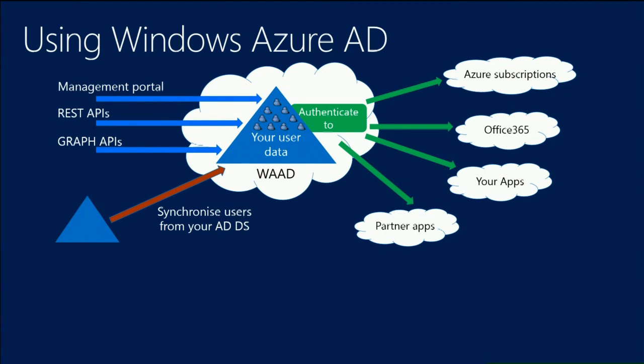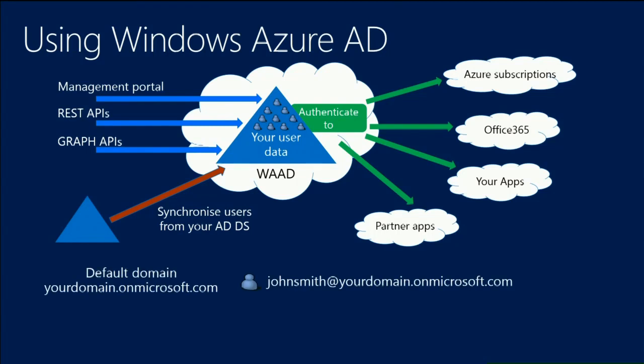Now, the real key is, once you start using federation, where are your apps? It doesn't matter. They could be on-prem, they could be in one cloud or another cloud. You can move them around, and you can keep authentication going. And that's the real benefit of using federated identity.